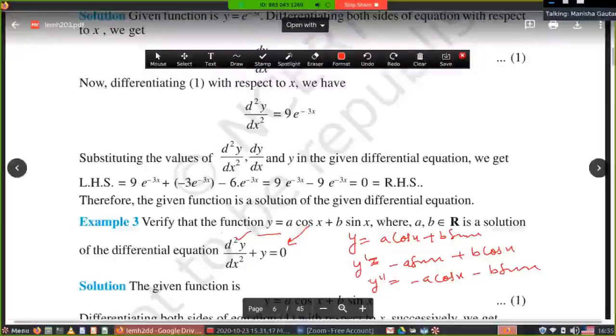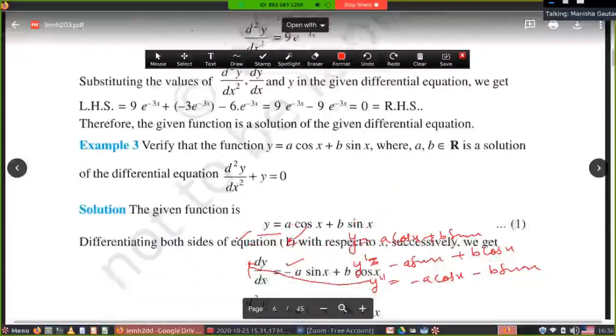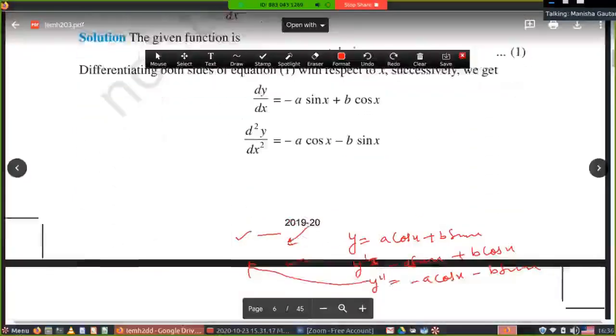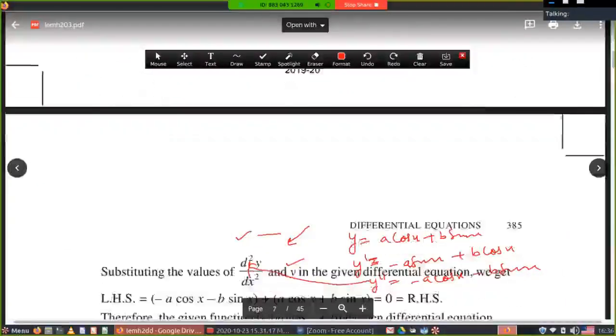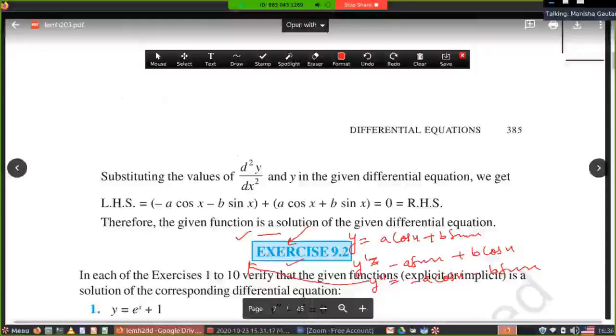Now put the values here in the equation. Let's see. As you put, you will get left and right sides both equal. Hence, it is verified. The given y is a solution of the differential equation.